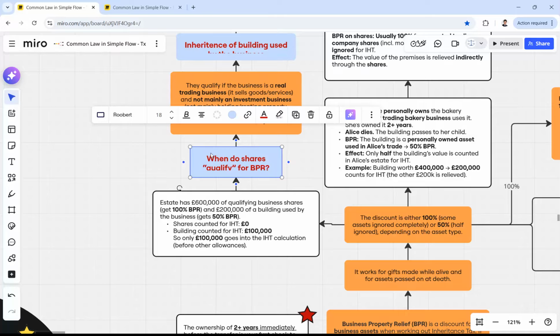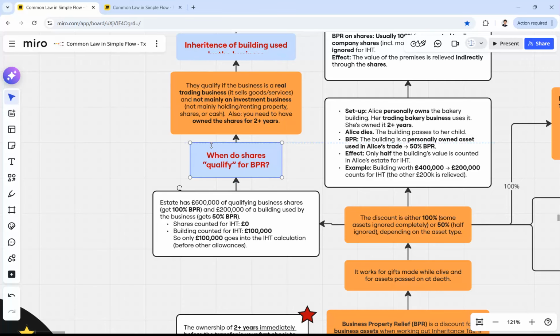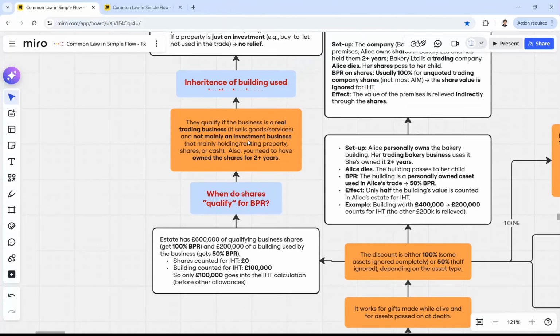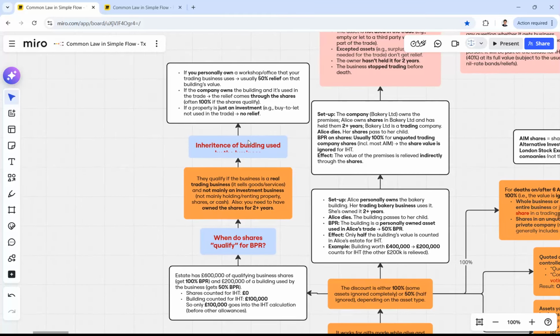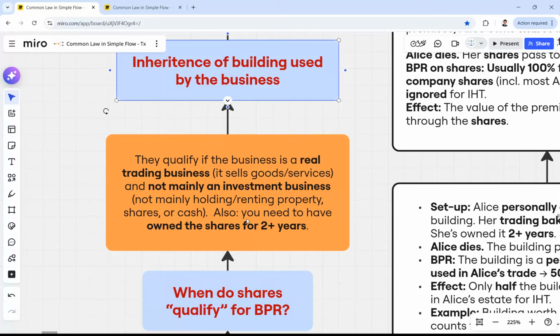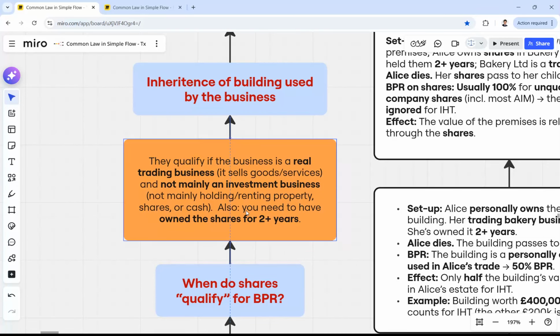But let's now figure out when the shares qualify for business property relief. So they qualify if the business is a real trading business. It sells goods, services, and not mainly an investment business, not mainly holding, renting property, shares, or cash.